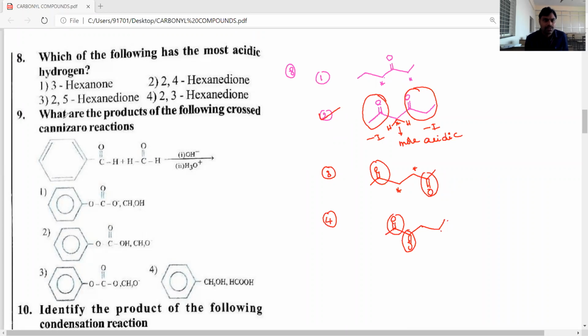Next, what are the products formed in the crossed Cannizzaro reaction? See the crossed Cannizzaro reaction, benzaldehyde and formaldehyde. Always the aromatic aldehyde, benzaldehyde, is reduced to give primary alcohol, and formaldehyde is oxidized to give acid.